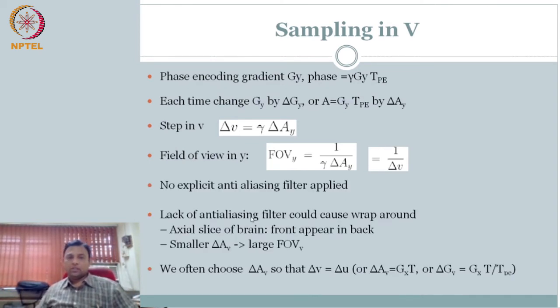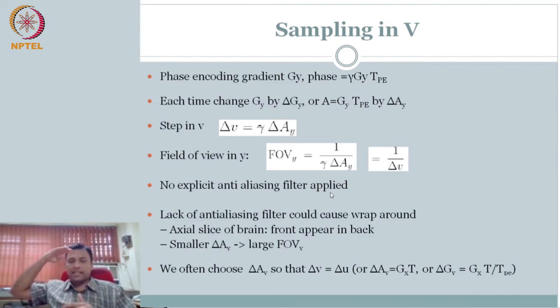Clear? However, notice here there is no explicit anti-aliasing filter. So you can get aliasing, and remember the crude definition from the textbook: high frequency masquerading as low frequency. Here in the spatial domain, the manifestation would be wraparound.